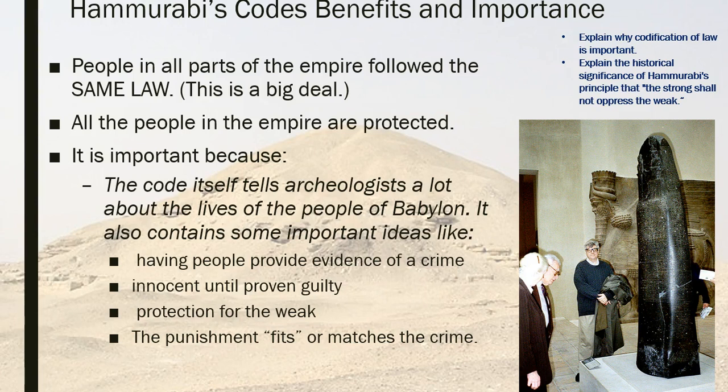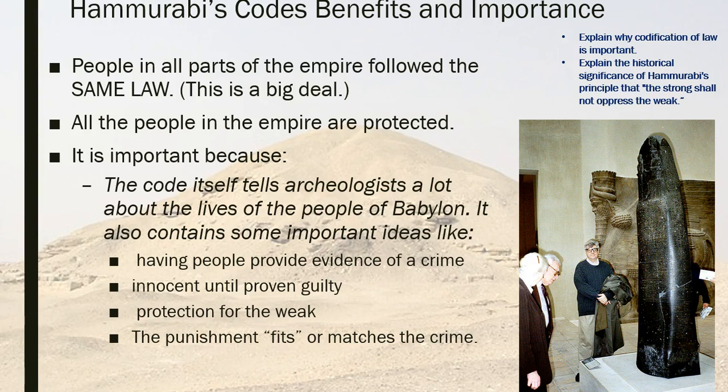And until you could provide evidence, that person is going to be innocent. So innocent until proven guilty. Those are two principles that are still here in our present-day law, and they come from Hammurabi's code. When people wrote our law, they had studied Hammurabi. And so you have to have evidence to accuse somebody of a crime. People are innocent until proven guilty.